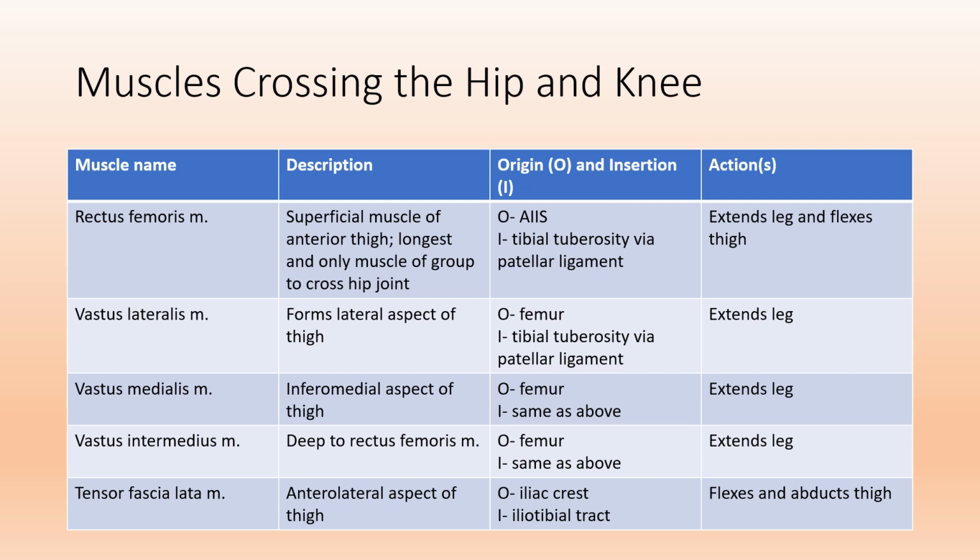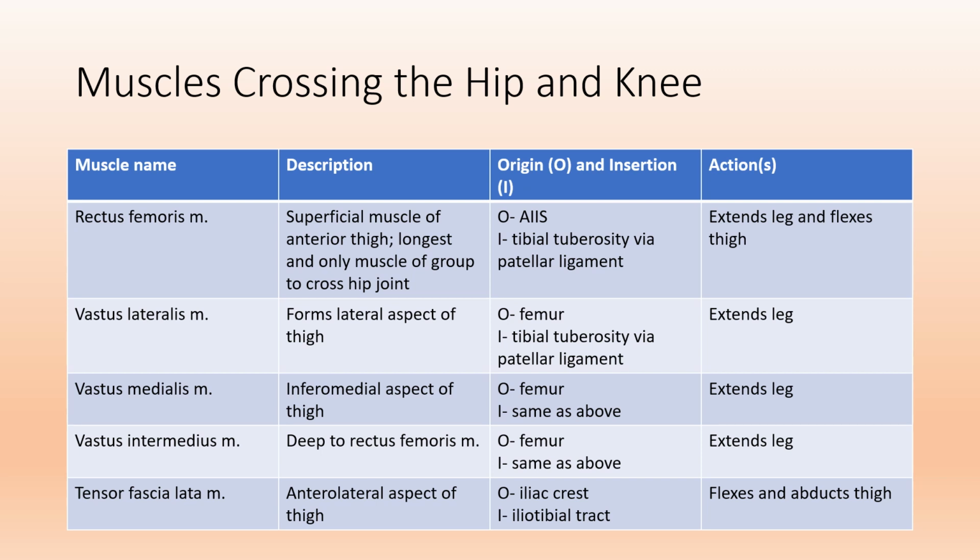This one is different than the other three quadriceps in that it is the only one to cross the hip joint. The rectus femoris muscle originates on the anterior inferior iliac spine, and they all have the same insertion. They all insert onto the tibial tuberosity via the patellar ligament.